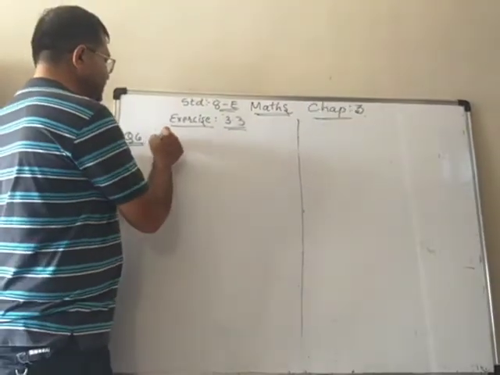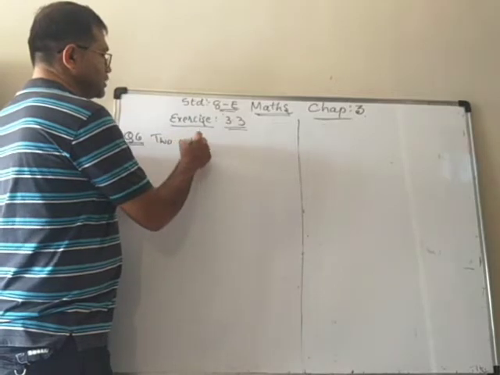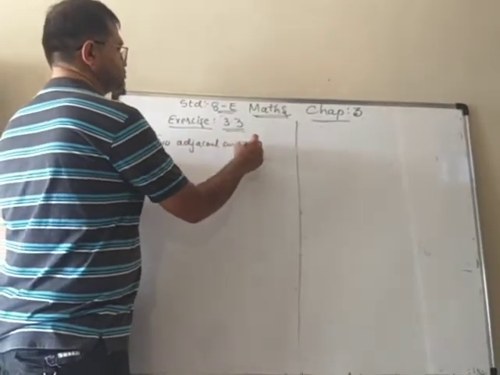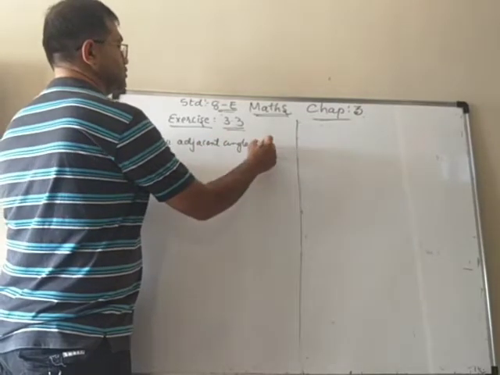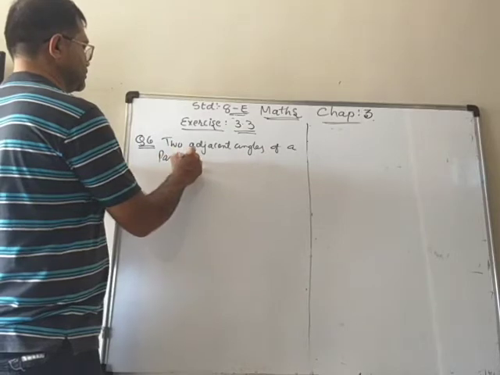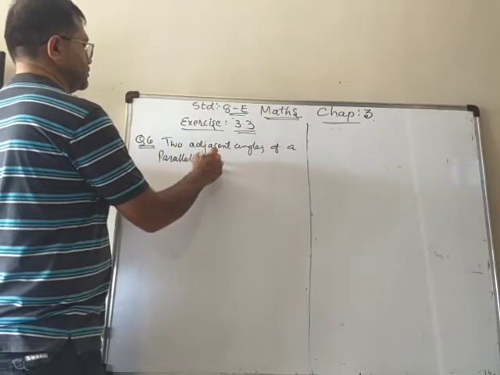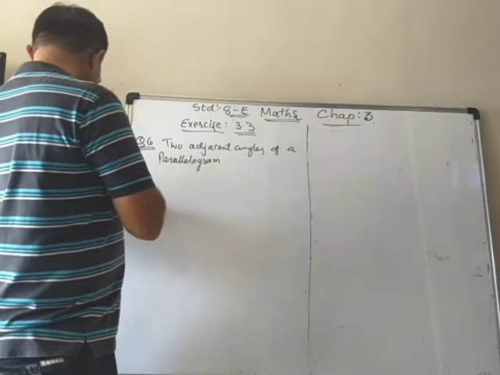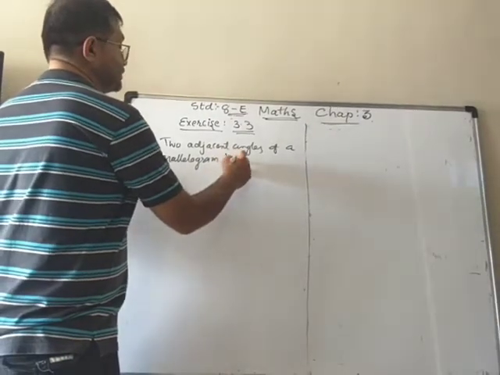Two adjacent angles of a parallelogram have equal measure.